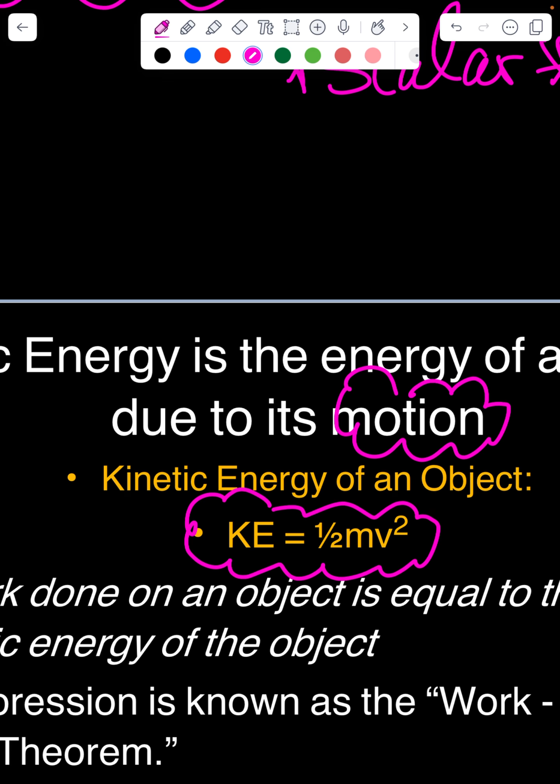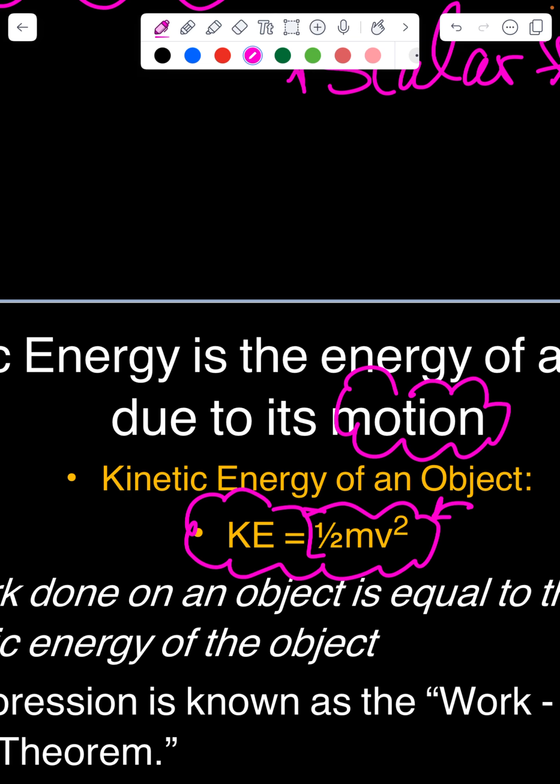We know that the 2 variables that affect an object's kinetic energy are the object's mass and its velocity. And if we look at that equation itself, we can tell that because velocity is being squared while mass is being halved, kinetic energy depends more on velocity.